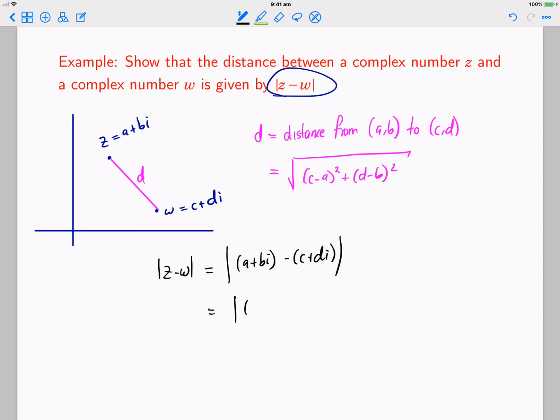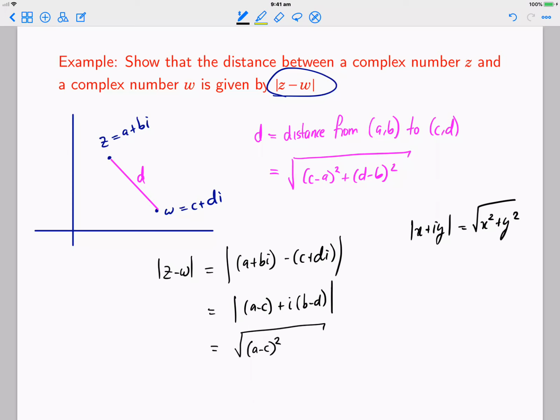And so I get (a minus c), take out the i, (b minus d). Now recall that we said the definition of modulus: the modulus of x plus iy is the square root of x squared plus y squared. So using that idea, you get the square root of (a minus c) squared plus (b minus d) squared.